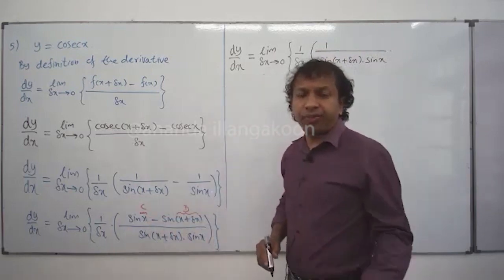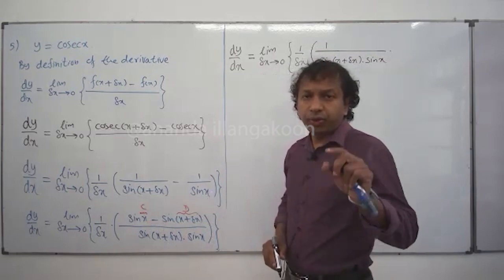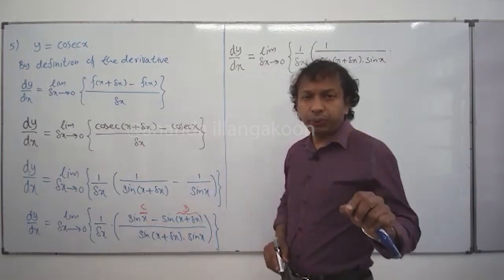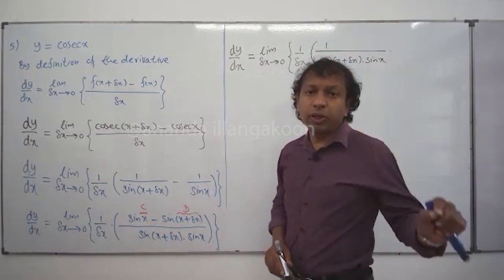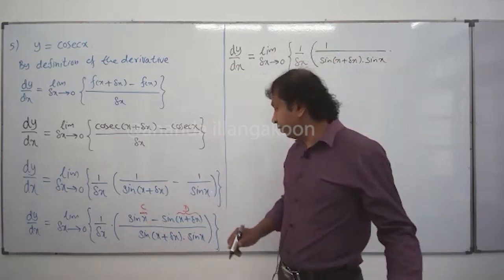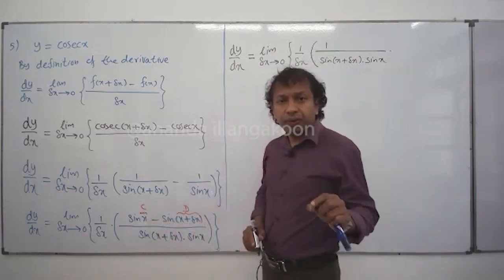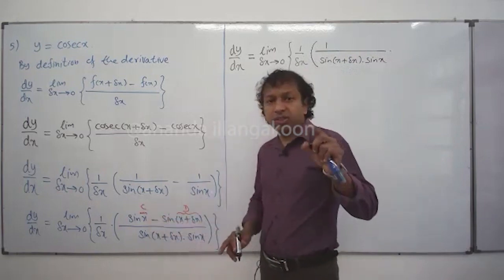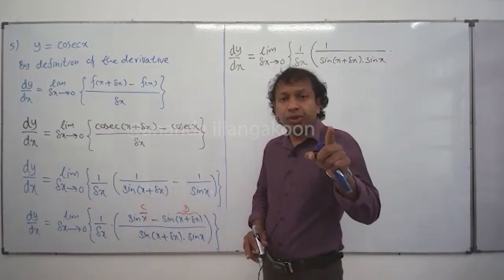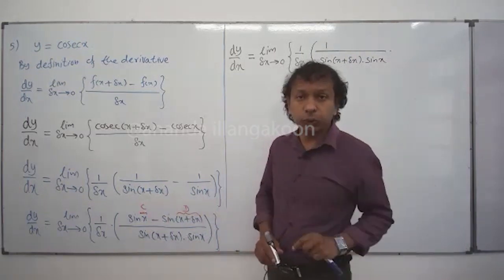Can you tell me, people, the sine c minus sine d formula? 2 cos c plus d divided by 2 sine c minus d divided by 2. Right? The sine c minus sine d formula begins with 2 cos c plus d by 2. Second one is sine c minus d by 2.